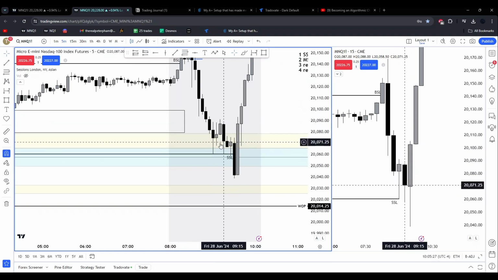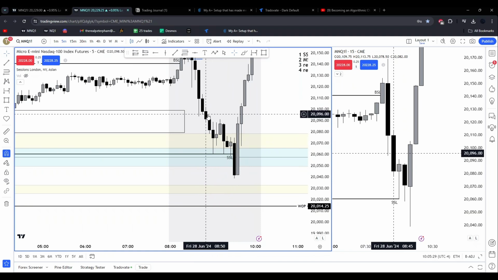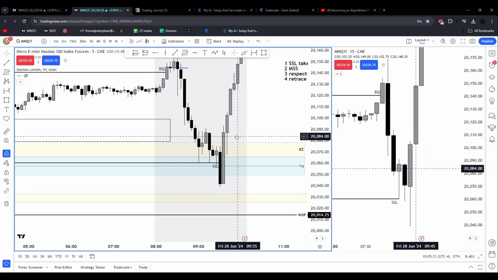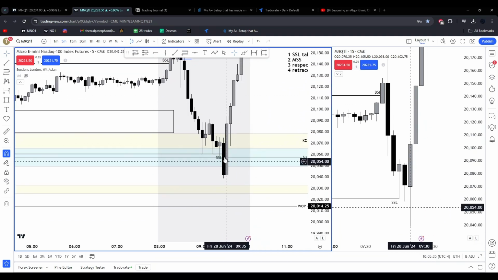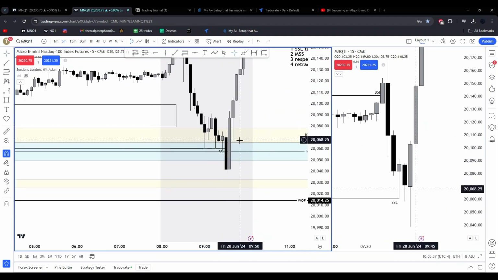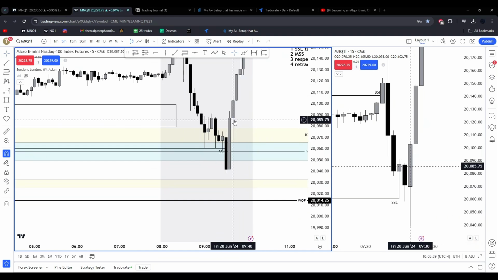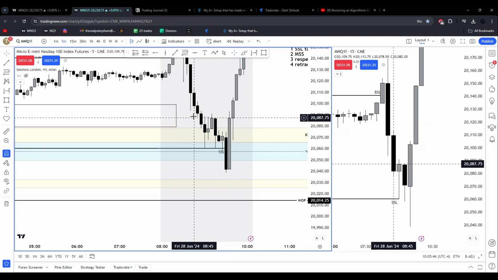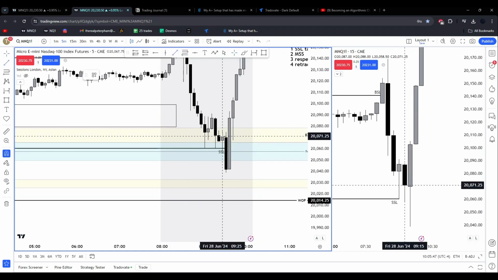In this case, we created liquidity, we took it out, we made a strong move up, and then we continued higher right here. But if you could see right here with this candle, its wick retraces to the open of this bearish candle, which would be an order block.